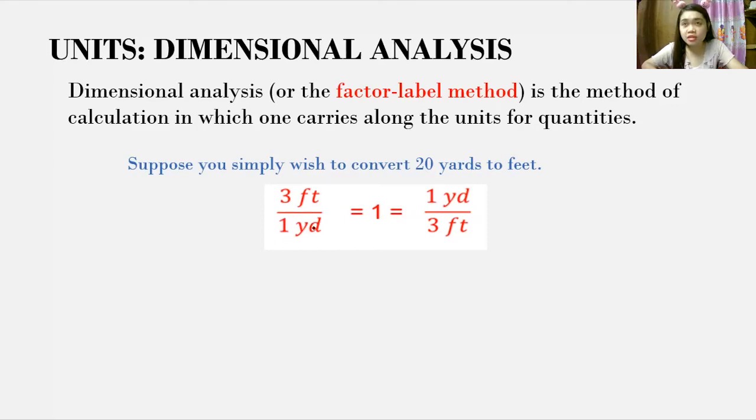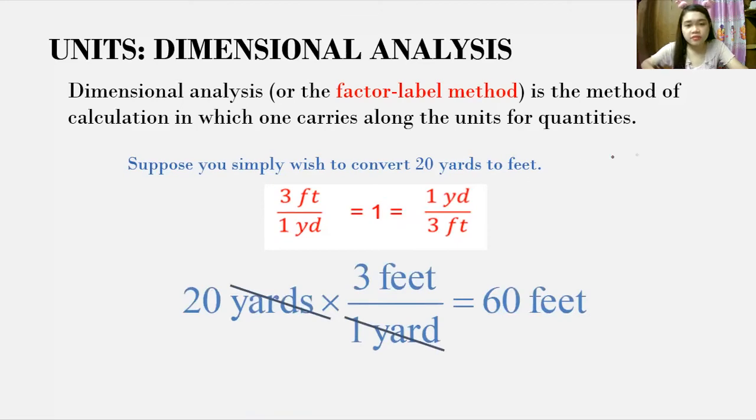You just need to put the unit on the denominator for it to be cancelled. Here you're given 20 yards, and you need feet, so this is the one that you put in the numerator so that it will not be cancelled out. So 20 yards multiplied by 3 feet per 1 yard is equal to 60 feet. So you already converted this unit into your desired unit, which is feet.